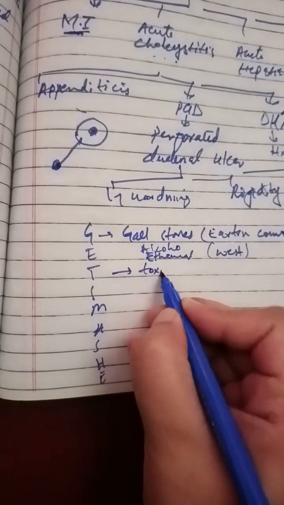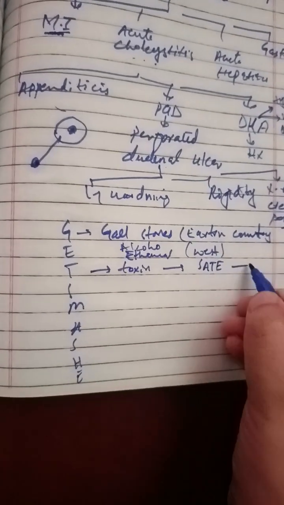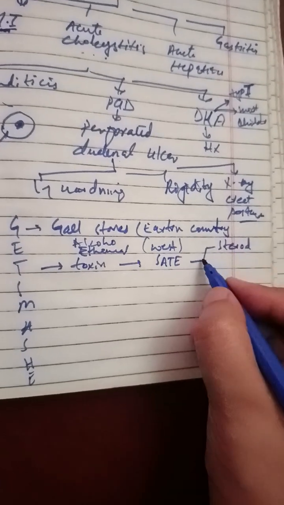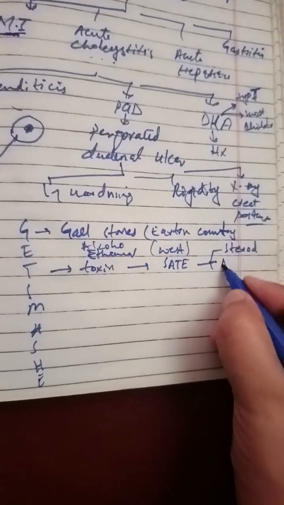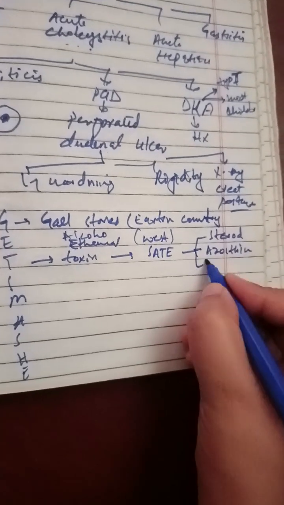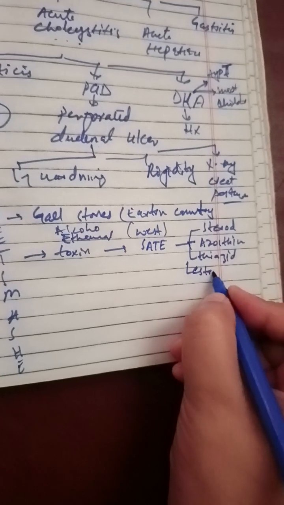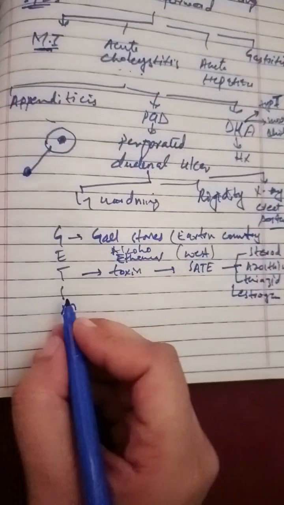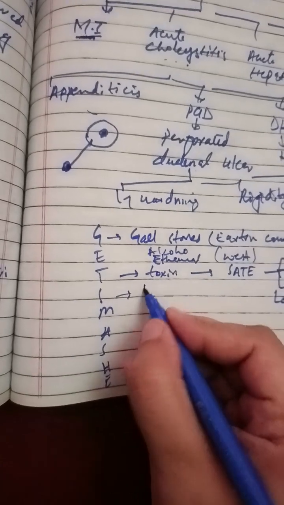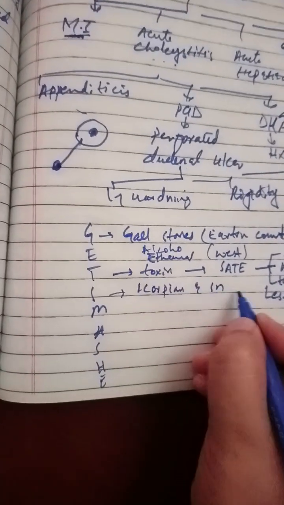In toxin and drug there is another mnemonic, SAT. In SAT there will be steroid causing acute pancreatitis, azathioprine, which is an immunosuppressive drug, thiazide diuretic, and sometimes estrogen can cause acute pancreatitis. In S we will discuss scorpion and snake bite.